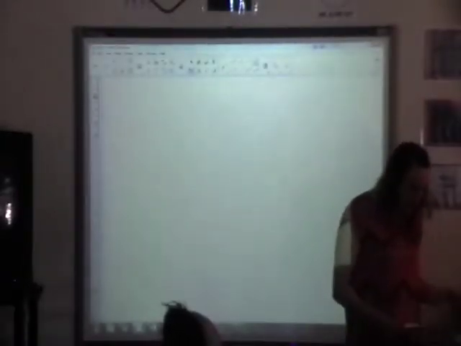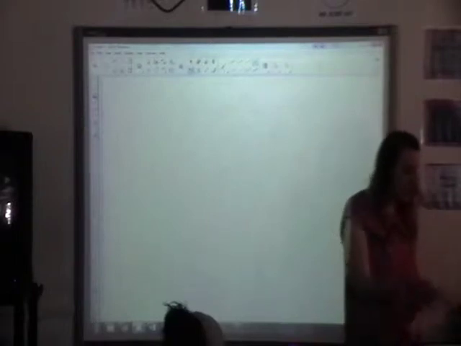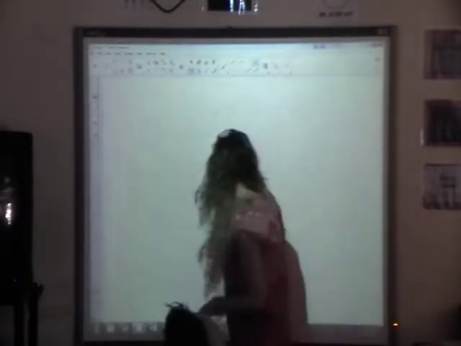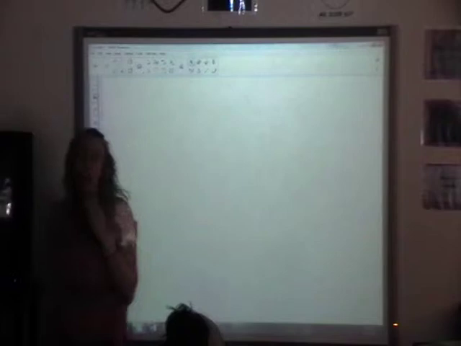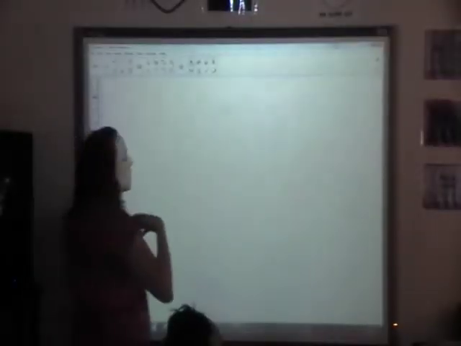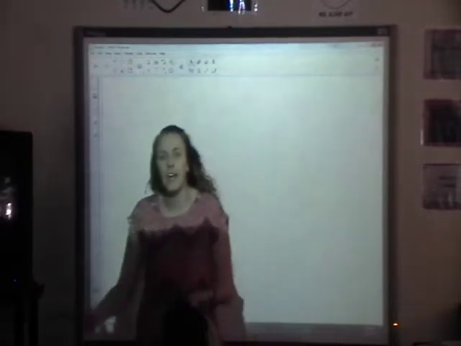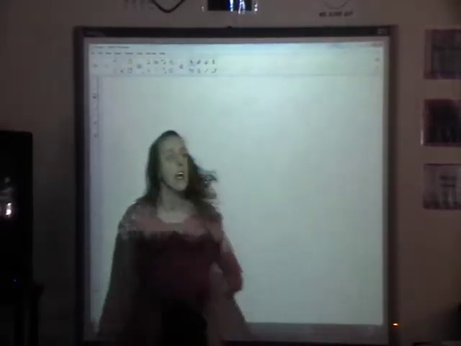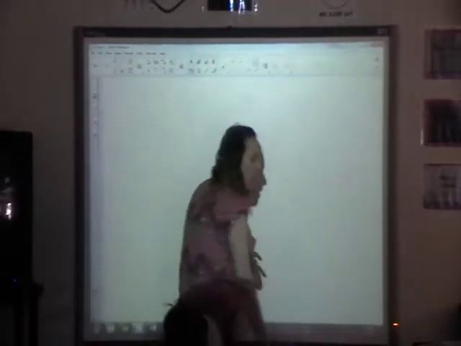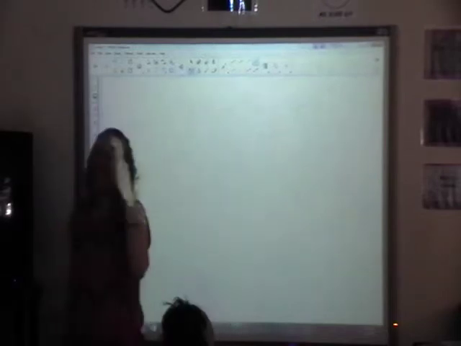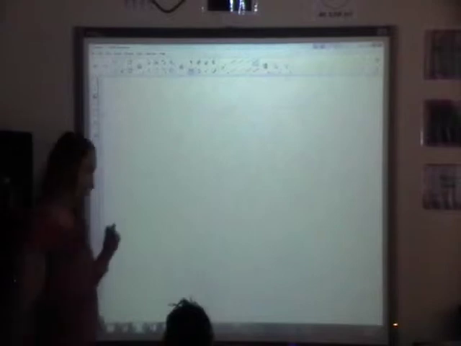All right, let me quickly talk to you, because this is me on my old separate sheet of paper. We're going to get into properties of transversals and what transversals do to angles. A transversal is when a single line cuts through two lines. Hold on.